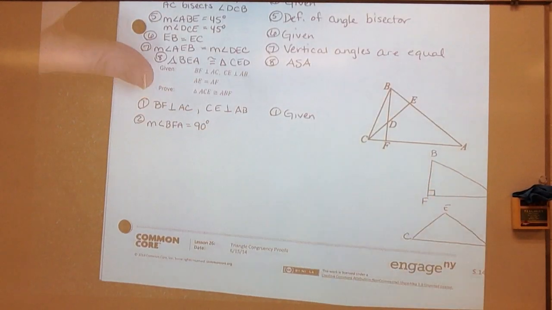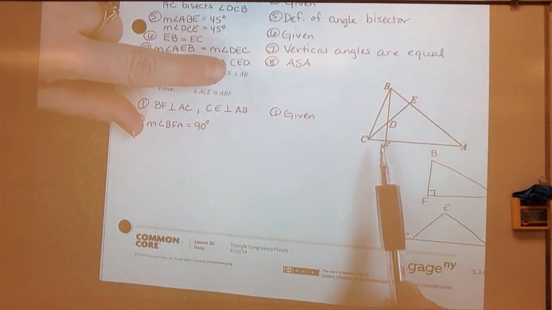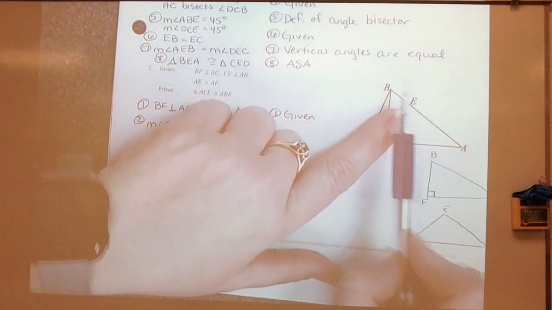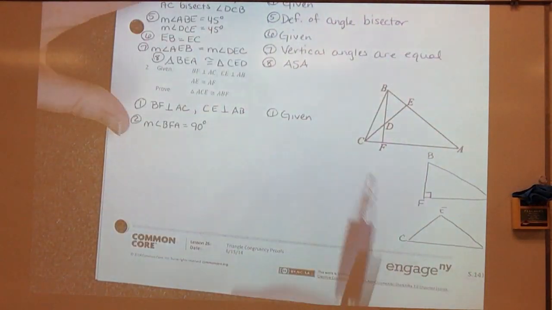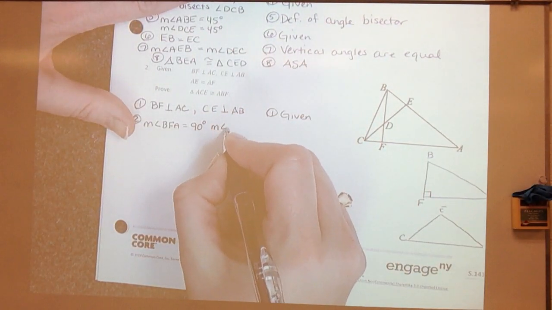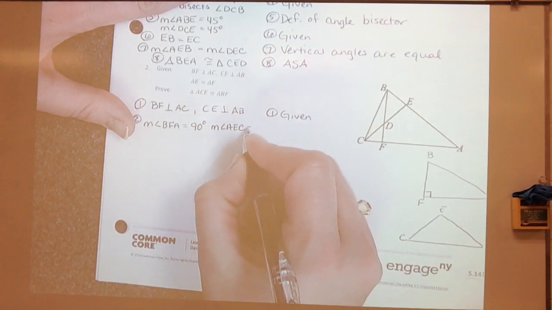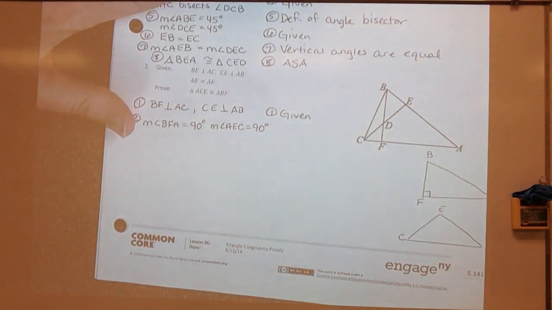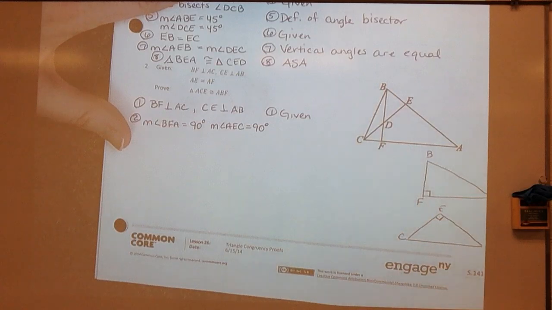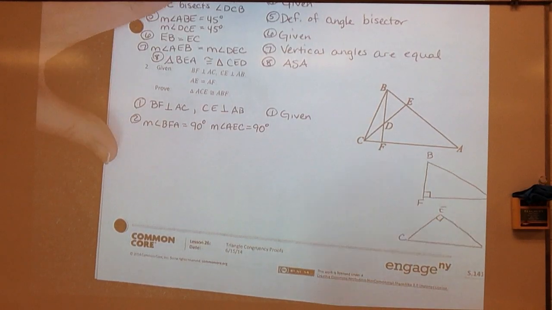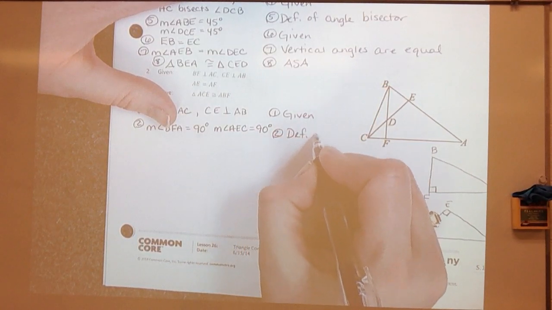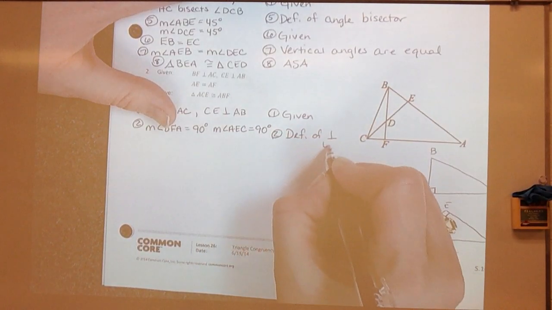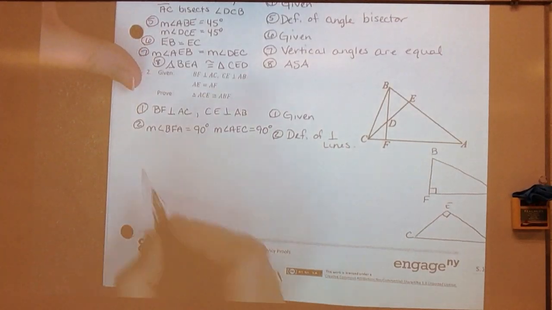Alright, so I can go ahead and mark that. If I know that CE is perpendicular to AB, then I know that angle AEC is equal to 90 degrees. So I know this is a 90-degree angle. And that is simply the definition of perpendicular lines. I'm going to abbreviate here. Alright?